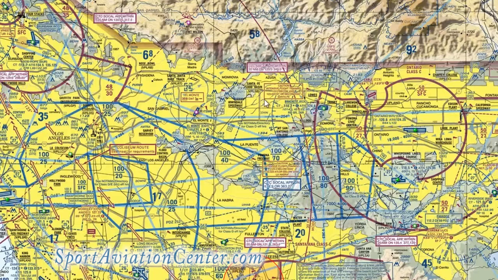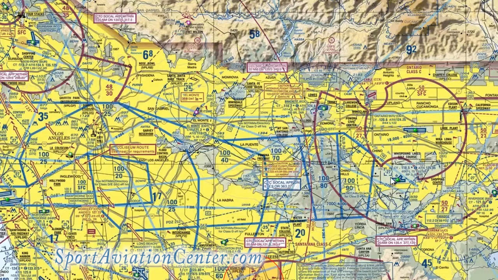But since everyone was coming in and landing on, I think it was runway 8 here, I decided to come in lower, come between our two Class D airspaces, down below our Class Bravo airspace, below our Class Charlie airspace, and into our Class Delta airspace here.